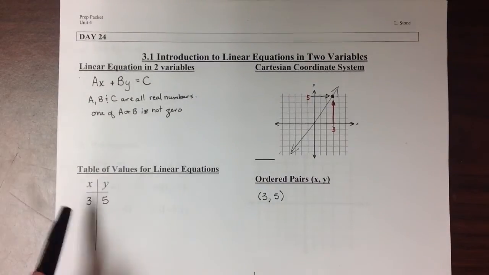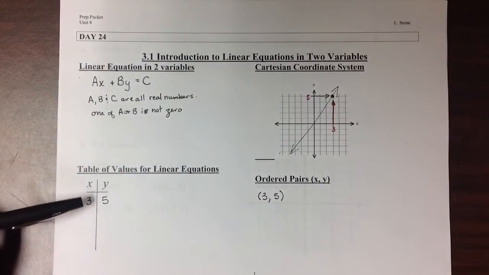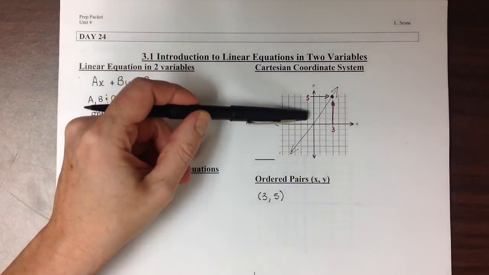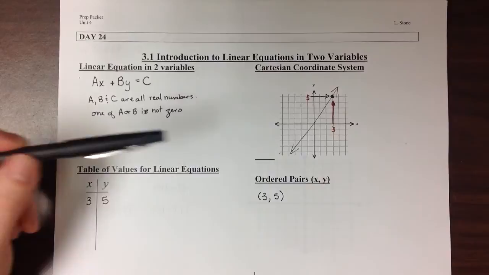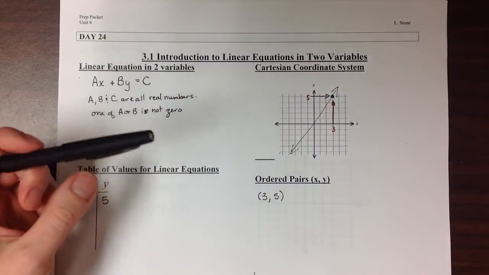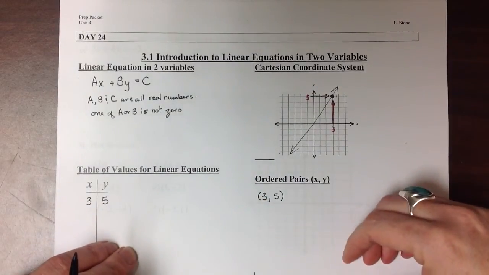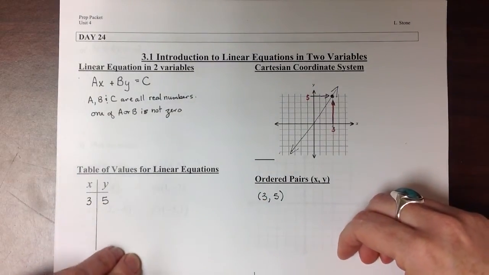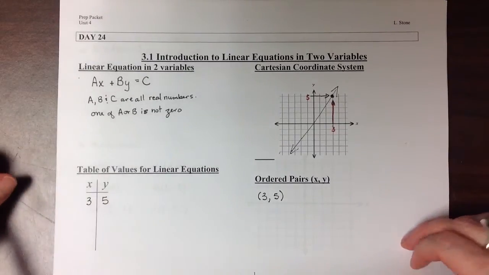So that particular solution to this linear equation can either be described in a table of values like this, or on a Cartesian coordinate system by putting in a point on a line, or as an ordered pair, like 3, 5. And we'll be seeing lots of examples of these different ways of looking at linear relationships in two variables as we go through this unit.